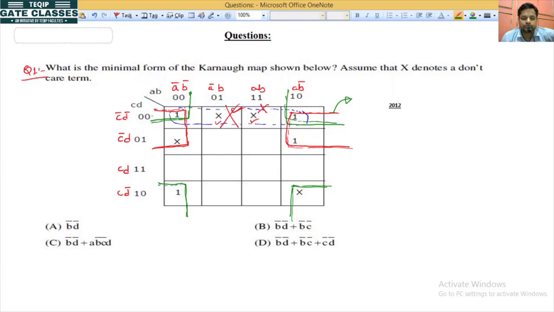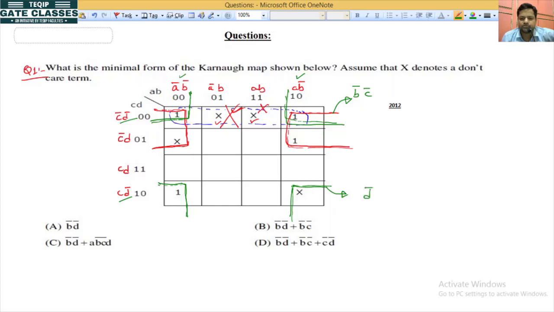From rows, what is common? C bar is common, so it is C bar. For columns, it is A bar B bar, A B bar. Which one is common? B bar is common. So it will be B bar C bar. Now for this quad, we have C bar D bar, here we have C D bar. What is common?